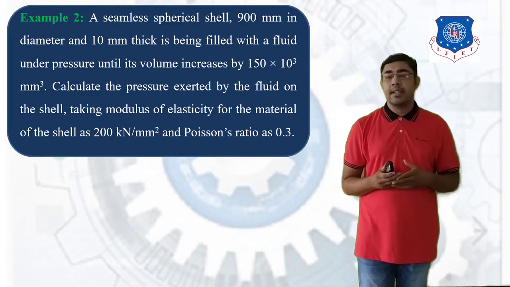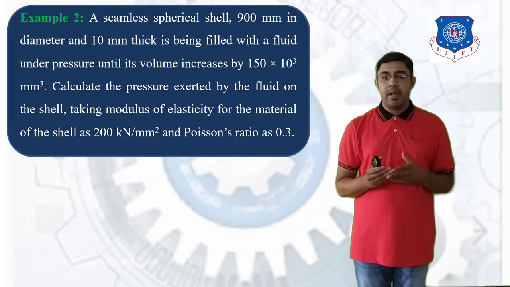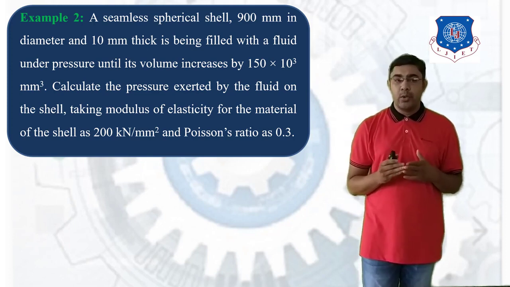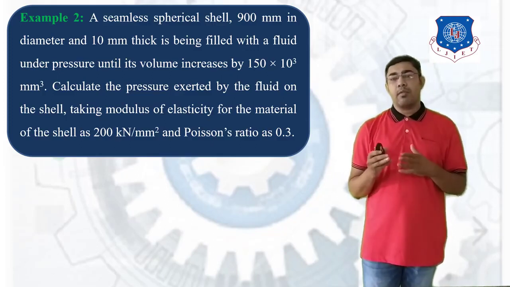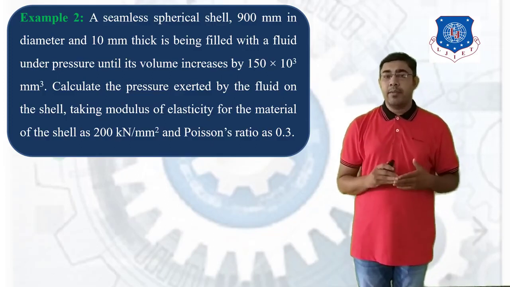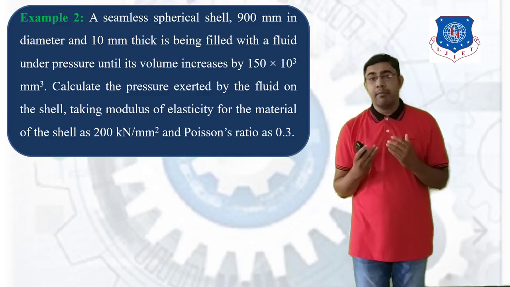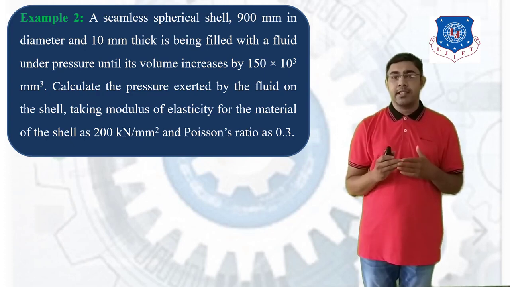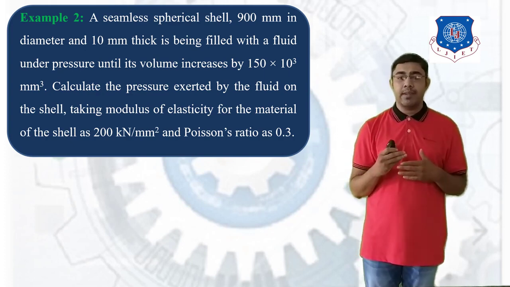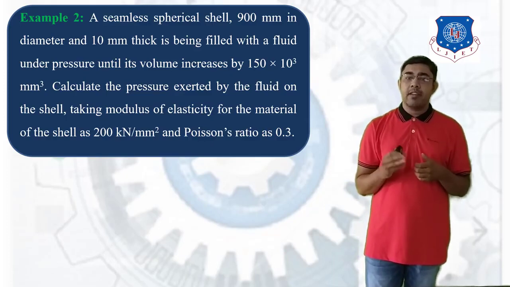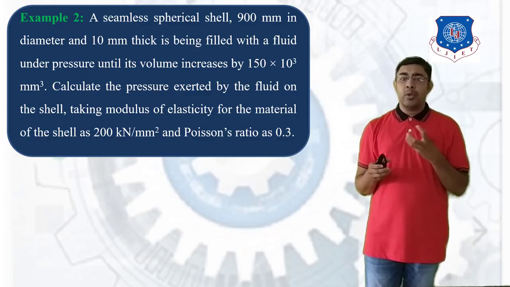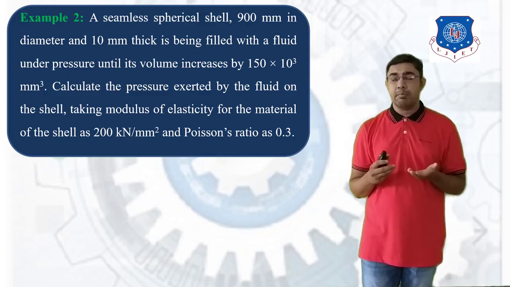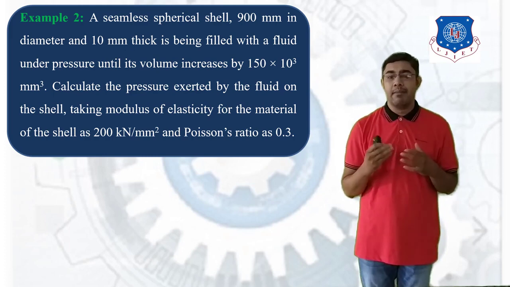A seamless spherical shell 900 mm in diameter and 10 mm thick is being filled with fluid under pressure until its volume increases by 150 into 10 raised to 3 mm cube.